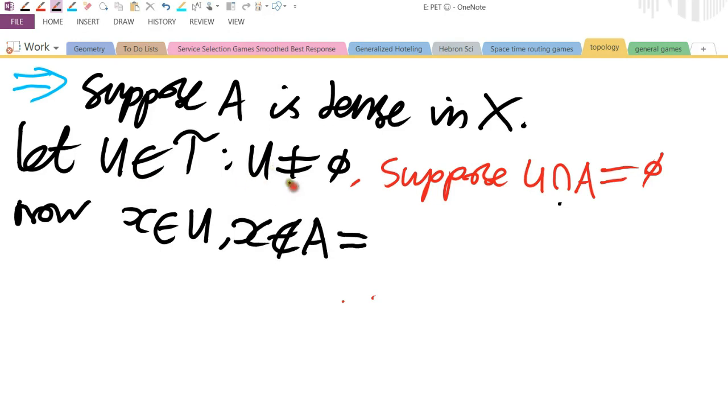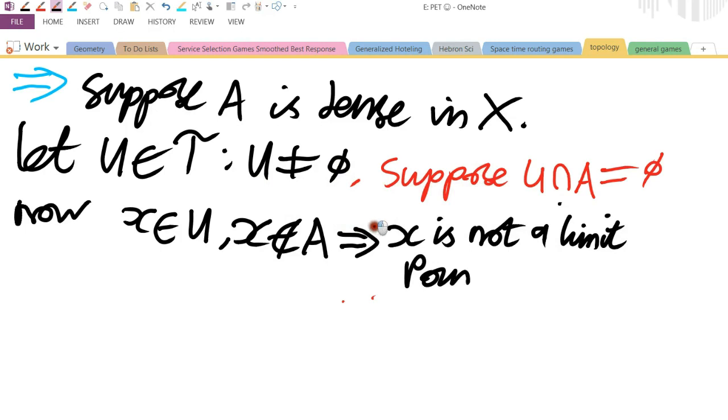Now, this implies that x is not a limit point of A. Okay? This is important, right? So why is it not a limit point of A? Well, the reason is that there's an open set which contains it, which doesn't intersect with A. So there's no way it can be a limit point of A.